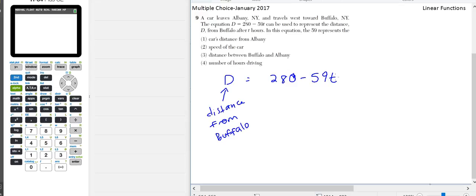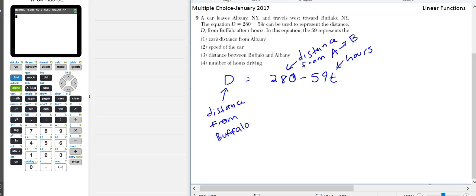Then every t, they tell us, is hours. So for every change in t, let's say after 1 hour, we're getting 59 miles closer, because we started out with 280 miles.